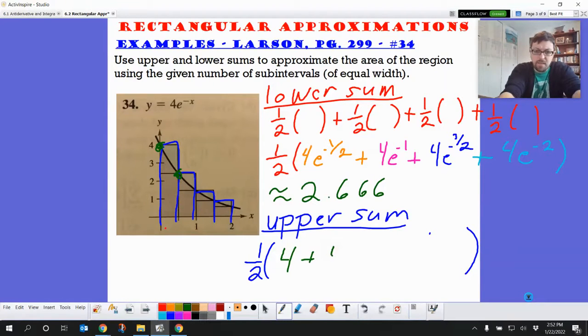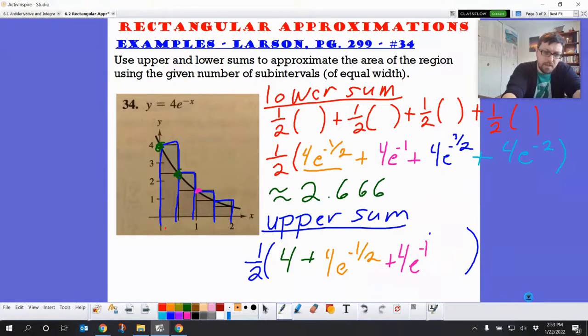Plus whatever this point is. Wait a minute. We did that one before. It's this one. 4e to the negative 1/2. Interesting. The next one, hey, we did that one before. So this is plus 4e to the negative 1. Interesting.